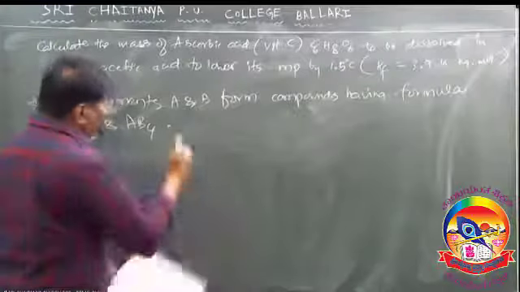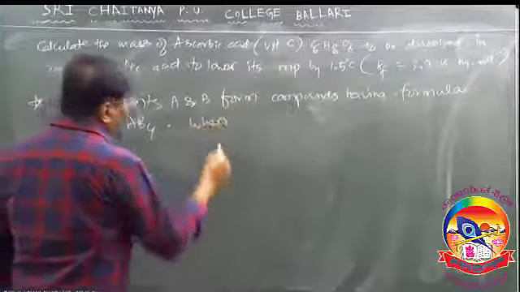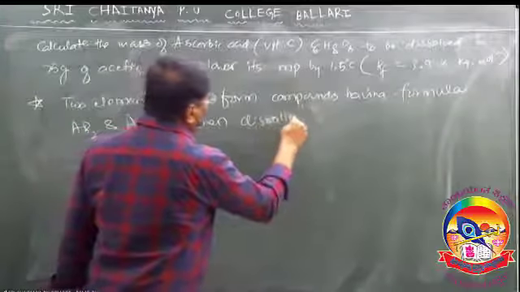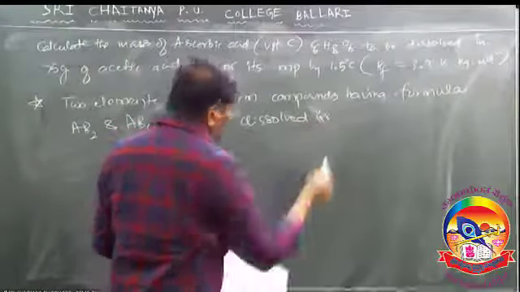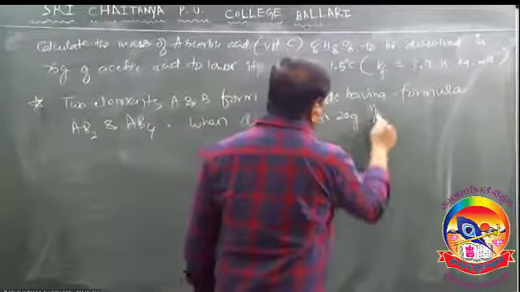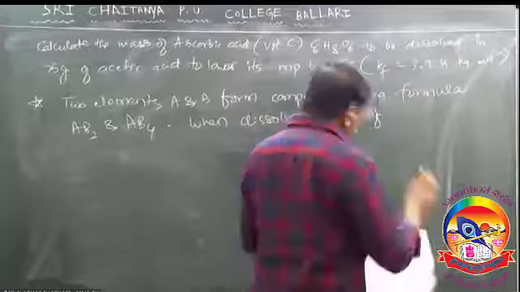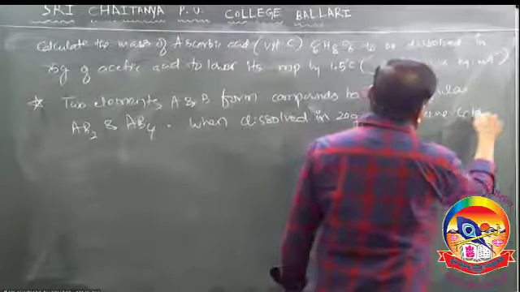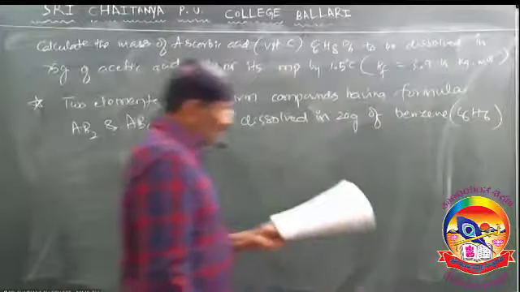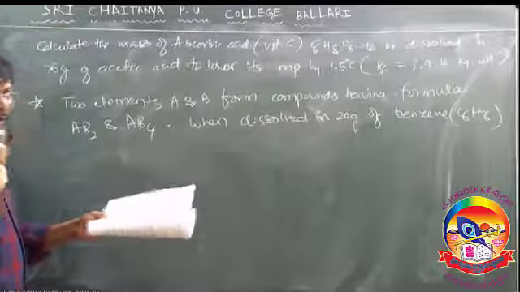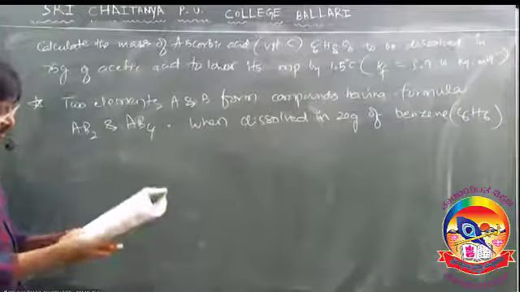When dissolved in 20 grams of benzene, C6H6. It is the unsolved problem, lastly, problem number 2.21.